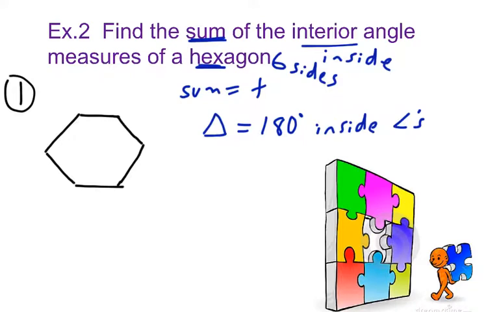We just talked about diagonals, so I could draw, there's one triangle, there's another triangle, there's another triangle. So doesn't it stand to reason that I could make 1, 2, 3, 4 triangles out of this hexagon?